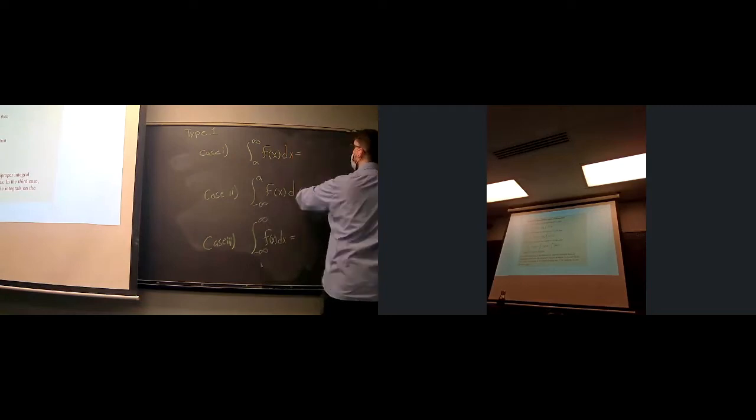And the way we handle these cases to turn them into proper integrals and then solve everything is we start by rewriting them. In this first case, we're going to replace infinity with c and take the limit as c goes to infinity.